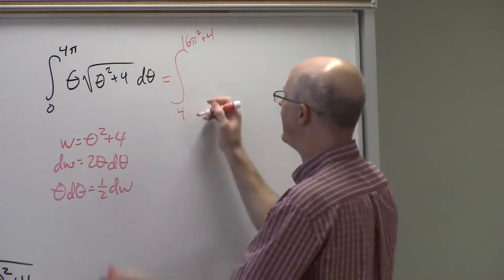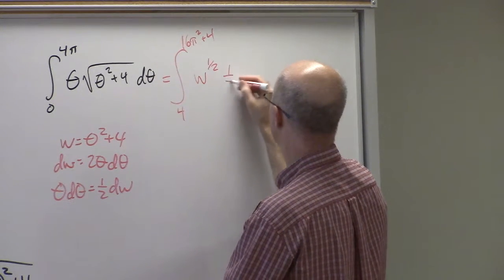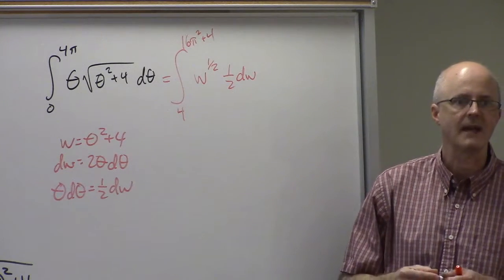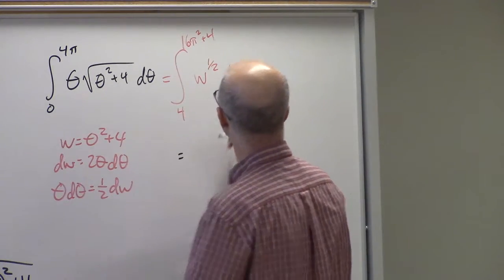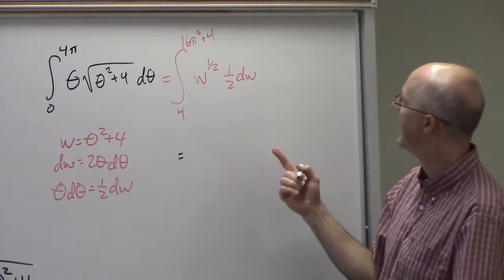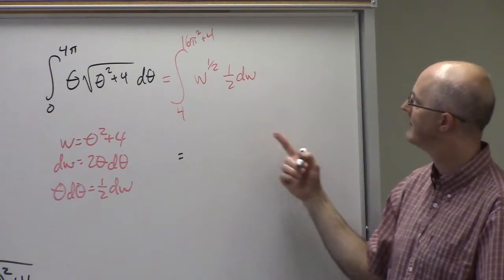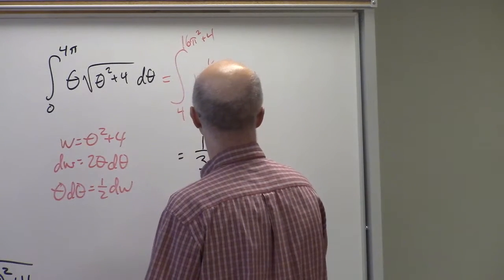And you've got a 1/2 dw and a square root of w in here. W to the 1/2 and a 1/2 dw. That'll be the integral to do to get the answer. Not super pleasant, but doable. You get w to the 3/2, divide by 3/2, which is the same as multiplying by 2/3. Looks to me like you're going to get a 1/3 w to the 3/2.